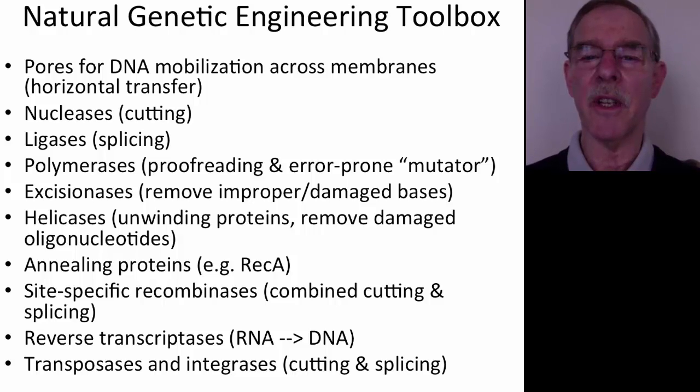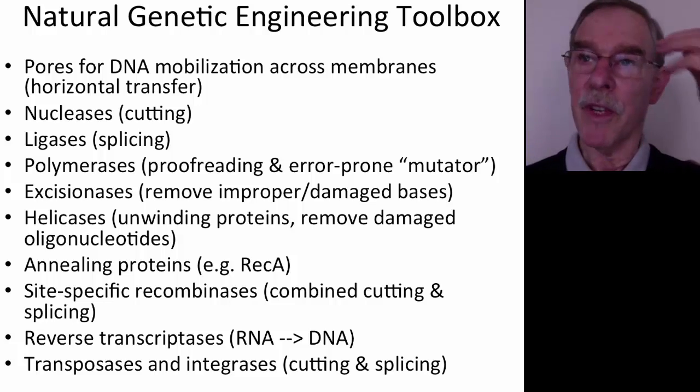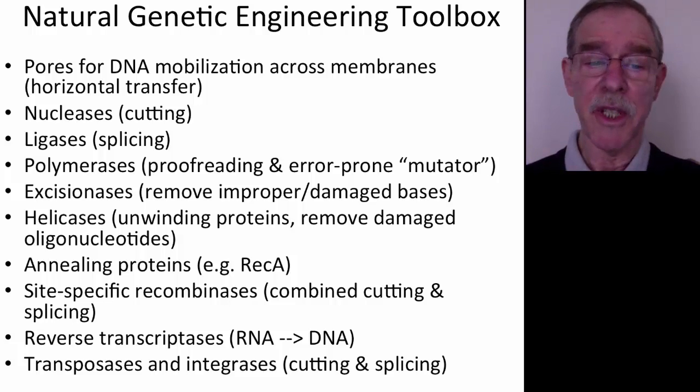And it turns out that a large percentage, perhaps the vast majority, of small mutations in the DNA are due to these error-prone polymerases. They contain excisionases, which can remove incorrect or damaged bases from the DNA, such as uracil. They contain proteins called helicases for unwinding double helices and removing damaged oligonucleotides from the DNA.